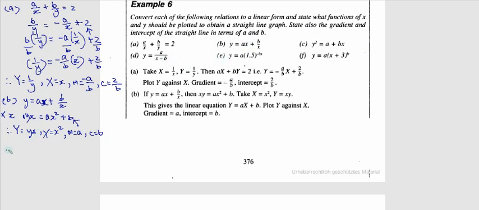Okay, E: y equal to a times 1.5 to the power of minus bx. So the unknowns are a and b. Now, let's log both sides.